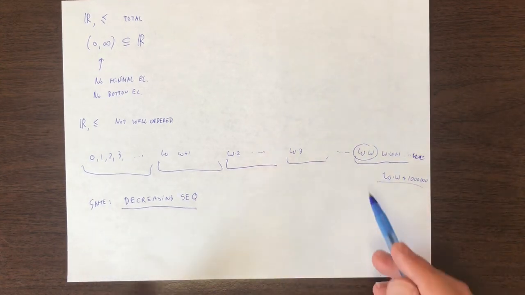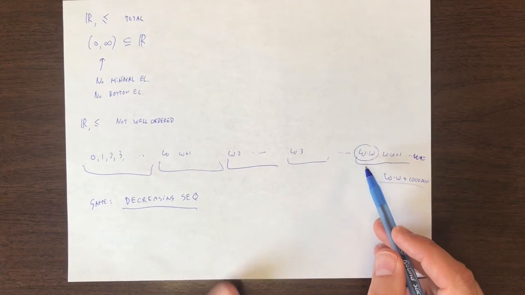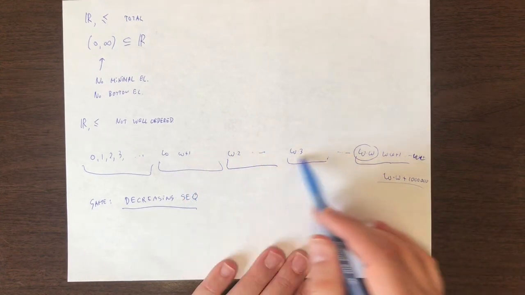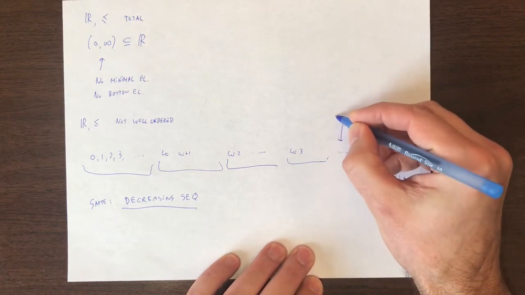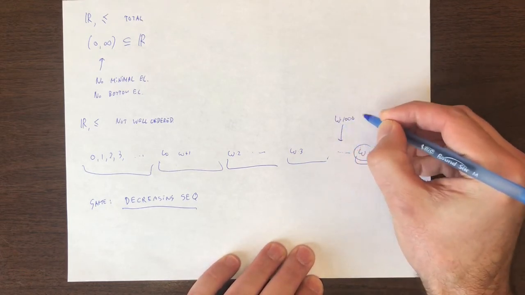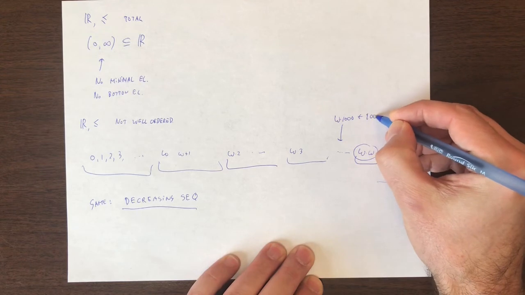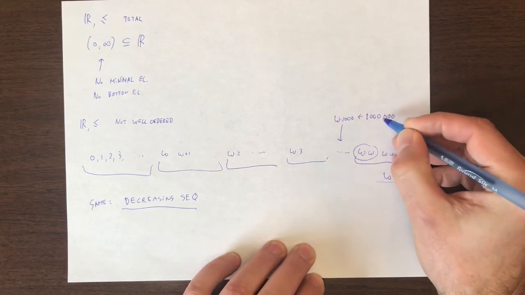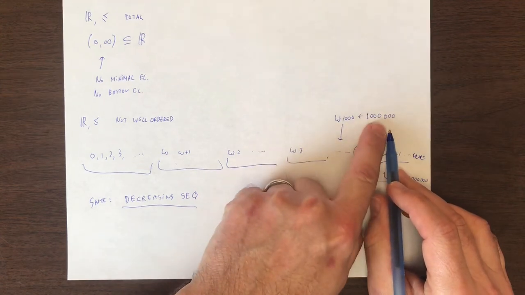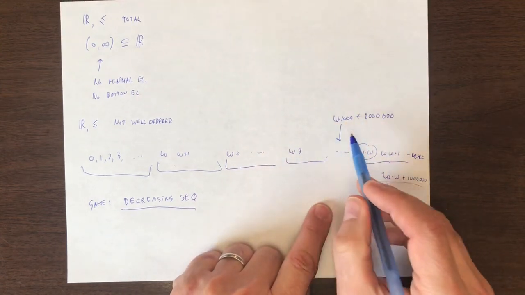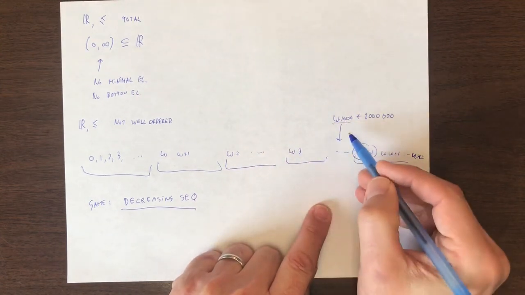If I have to go down another step from that, then I have to pick one of these guys. Let's say I'm going to pick omega times 1,000 plus another million.